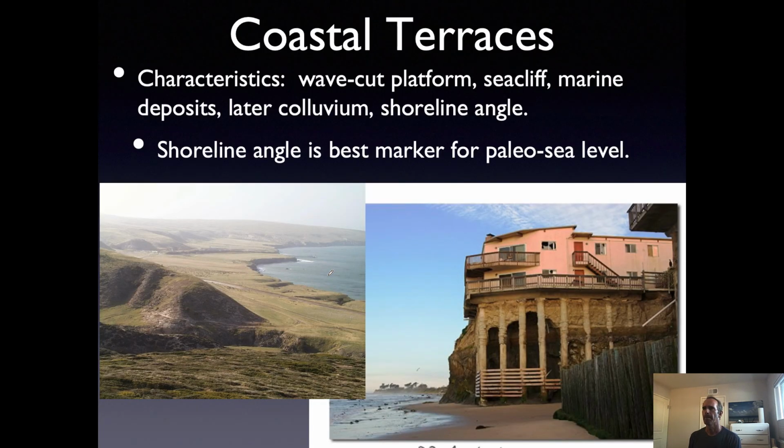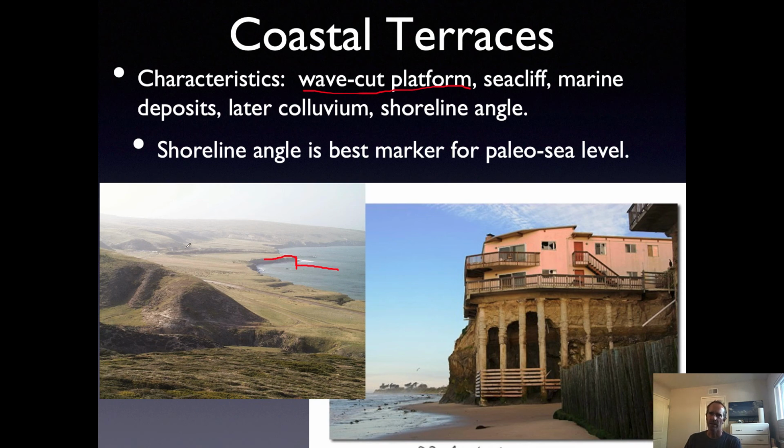Okay. So I want to finish up this lecture talking a little bit more about coastal terraces. As we mentioned, the key characteristic is that terraces are an uplifted wave-cut platform. Then at the ocean side of the terrace, there'll often be a cliff, right? And then that leads down to the modern wave-cut platform just below modern sea level.